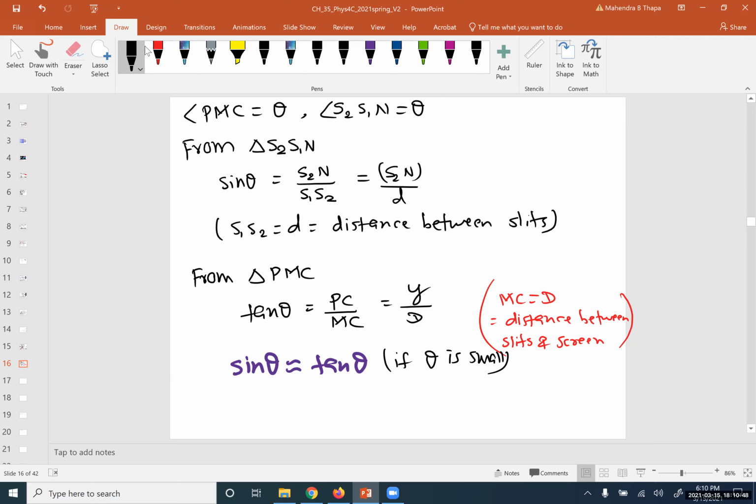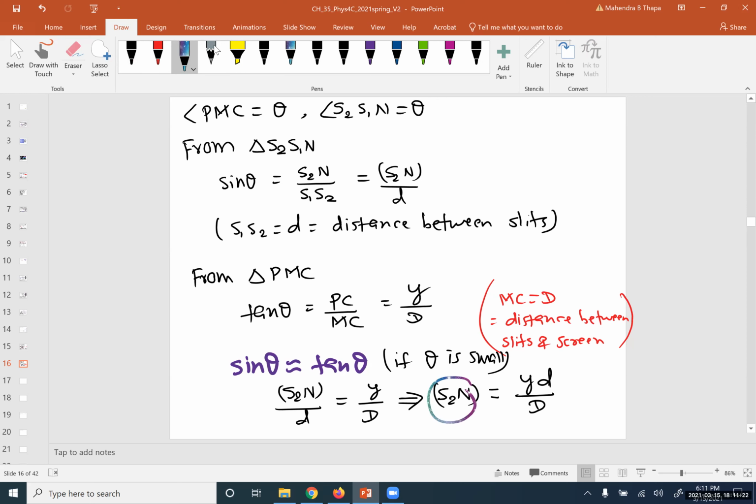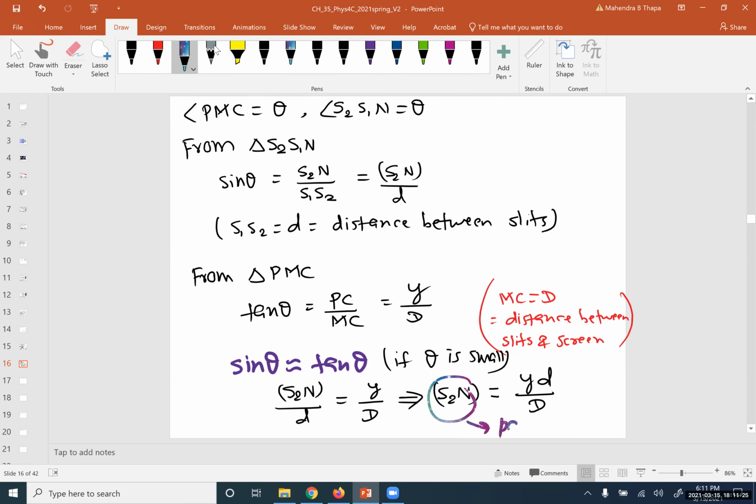If this is the case, I can write S2 N over d equals Y over D. So that gives the relation S2 N equals Y d over D. So you know that this is the path difference between the waves. Okay, we end up at this point.